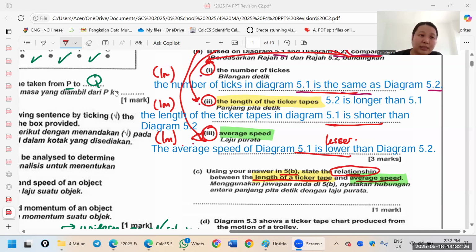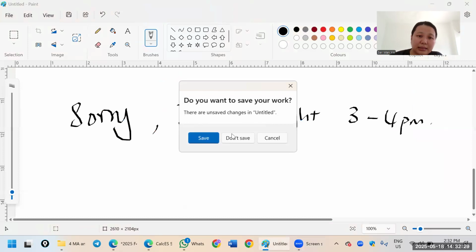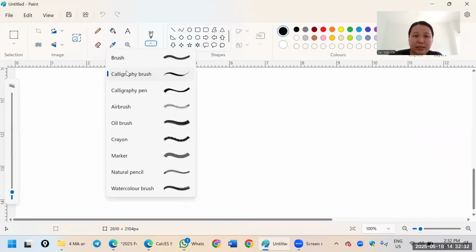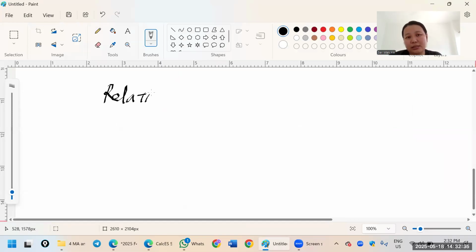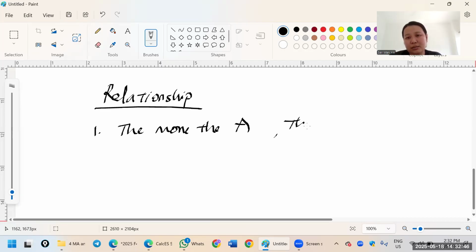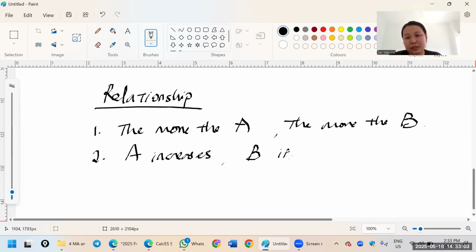There are 3 ways. We learned this since primary school. Number 1, the more the A, the more the B, semakin. Then number 2 is we can say A increases, B increases, or B decreases.